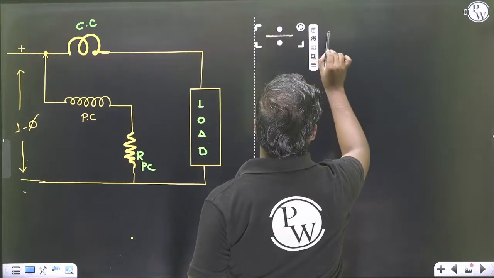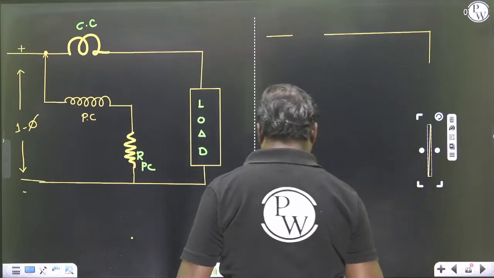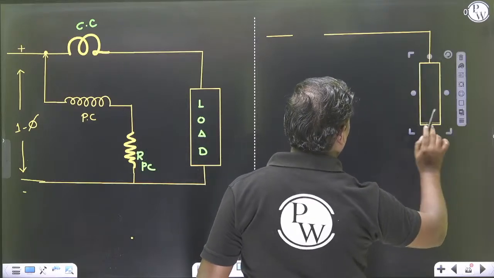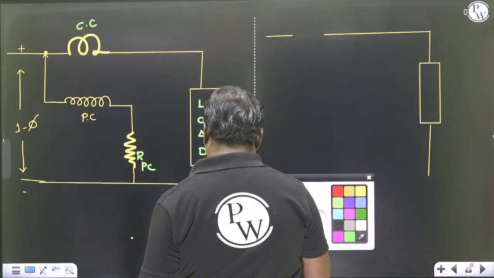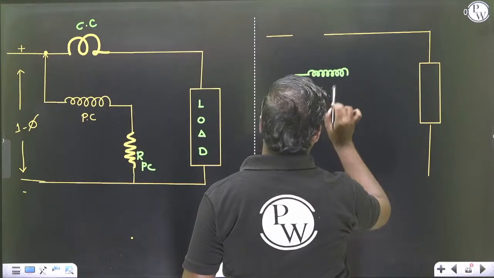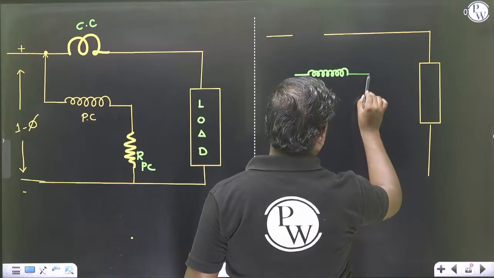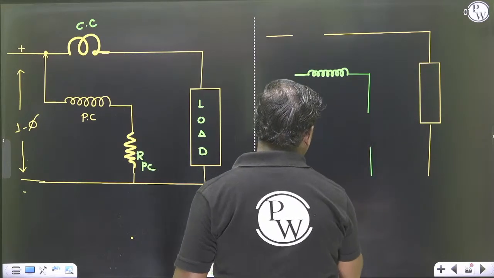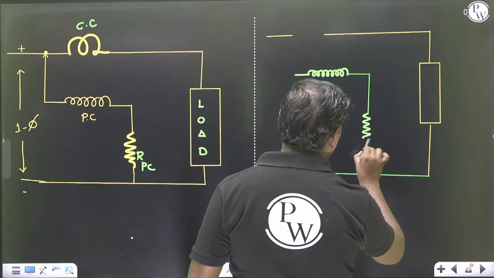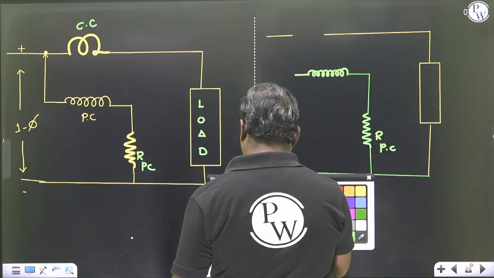This is a current coil, this is our load, this is our pressure coil, and this is the resistance of the pressure coil.